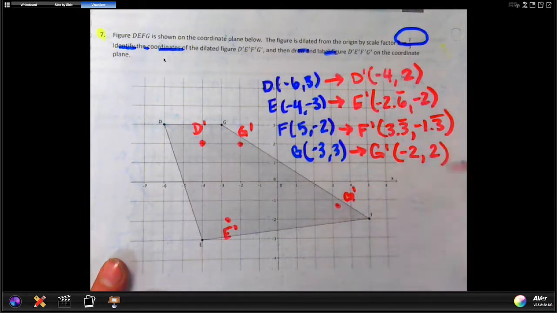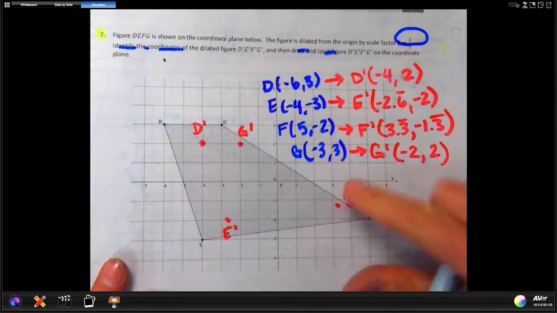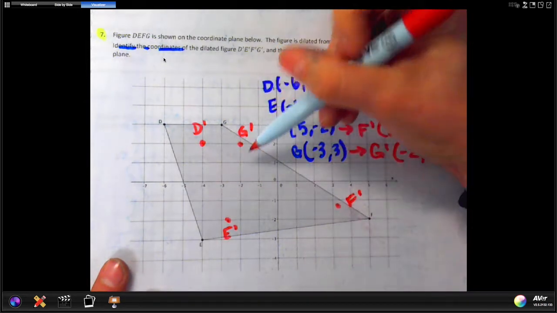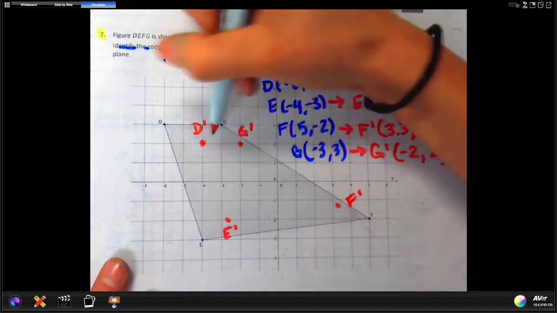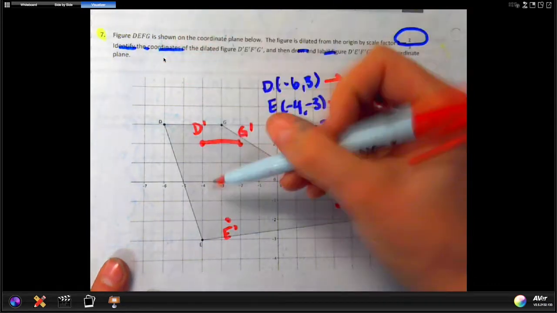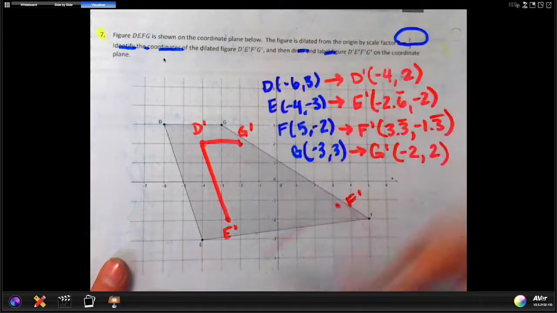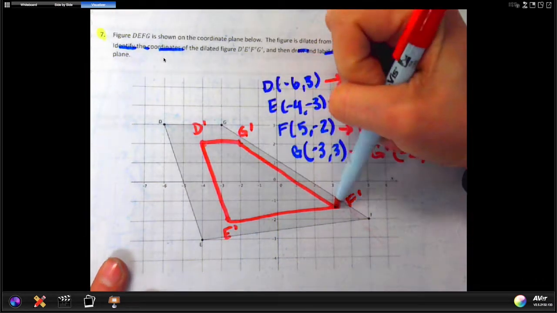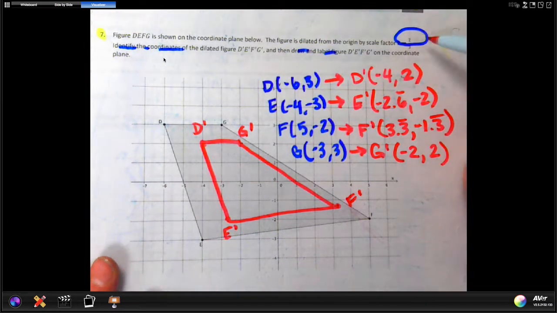And so here's, oops, I'm sorry, not G prime again. This was F prime. And then you want to reconnect all of your dots here. And you should end up with a similar figure to the original, only shrunk down by a scale factor of 2/3. Okay, that is it for our short little lesson today.